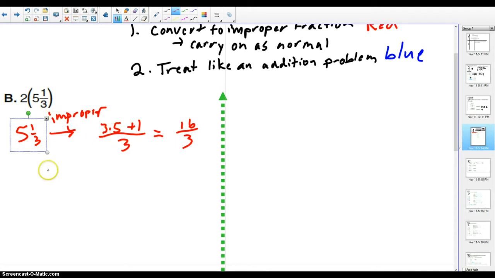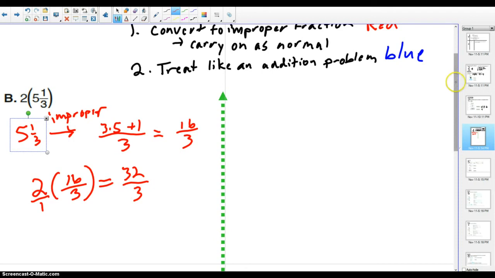So now that we have it as an improper fraction, we can do 2 times 16/3. And we just multiply like we did in the previous ones. 2 is the same thing as 2 over 1, and then we multiply our tops together, and we get 32 over 1 times 3, just 3.